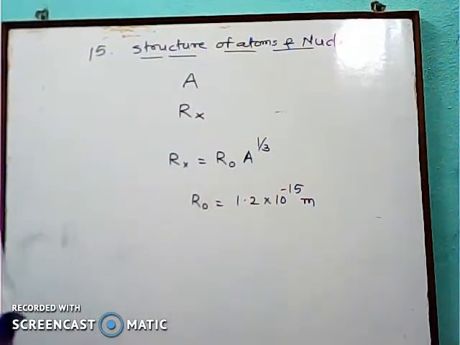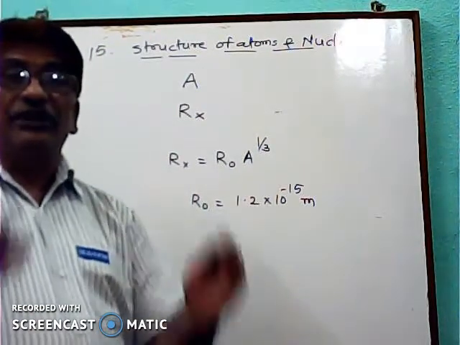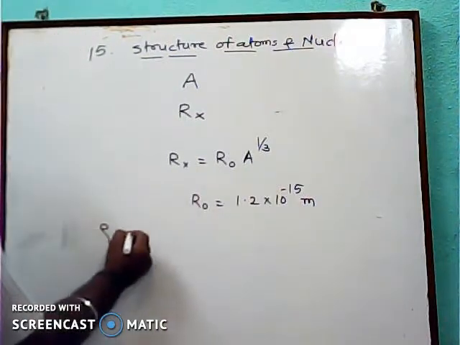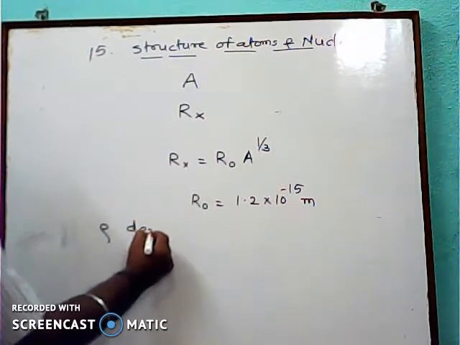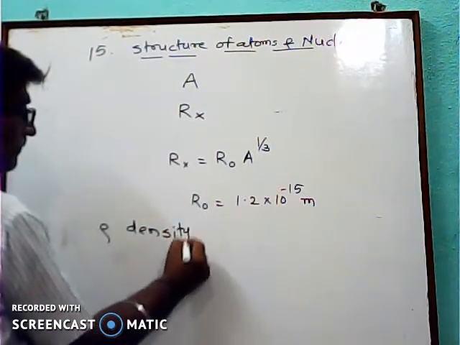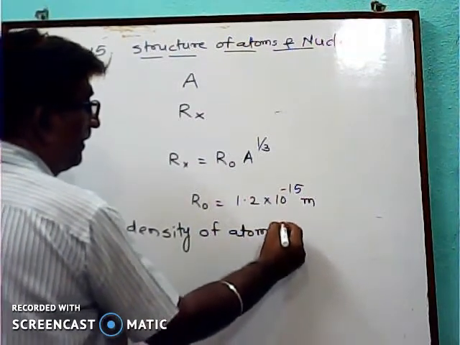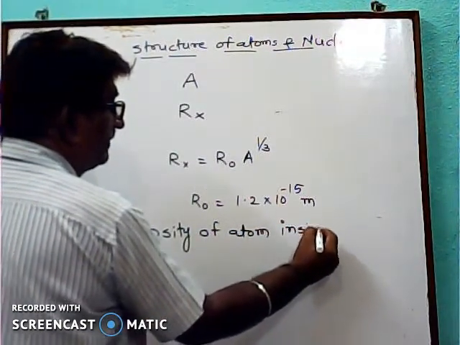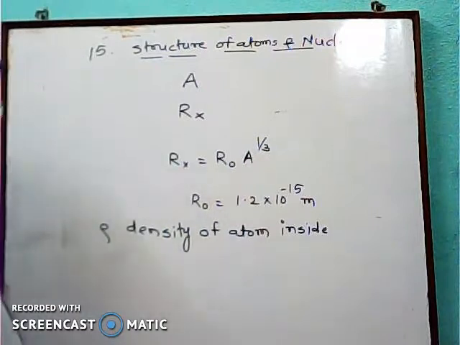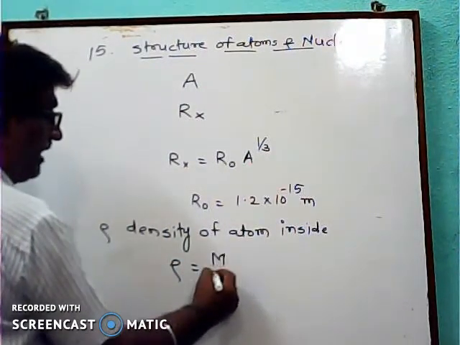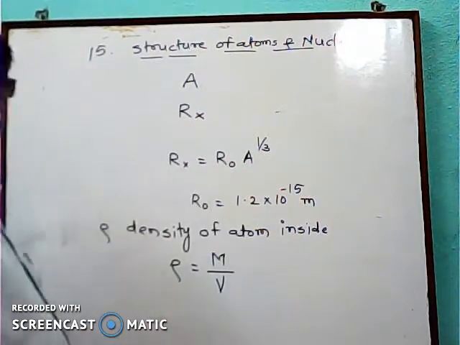So we can determine the density. If rho is the density inside the atom, then rho is equal to mass upon volume.